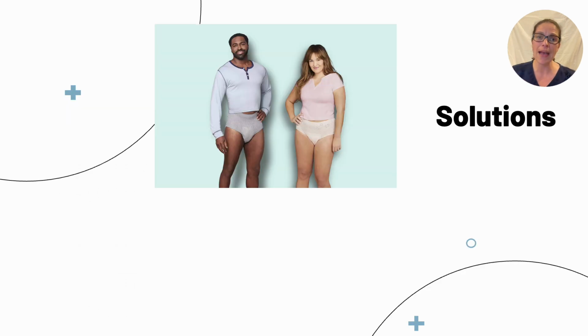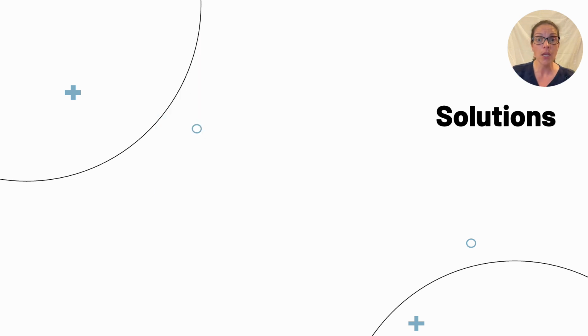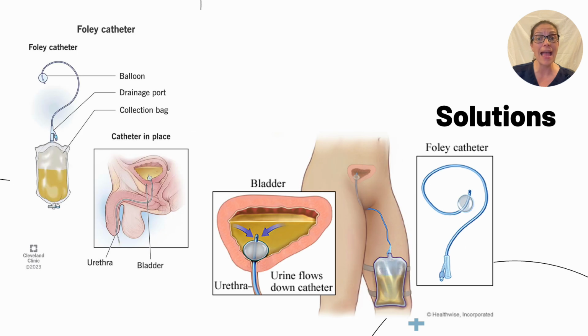Or you might have Depends, these are adult diapers that can help to collect any leaks. Or if you have severe incontinence whereby you cannot control your urine at all, you might end up having a catheter, a Foley catheter.